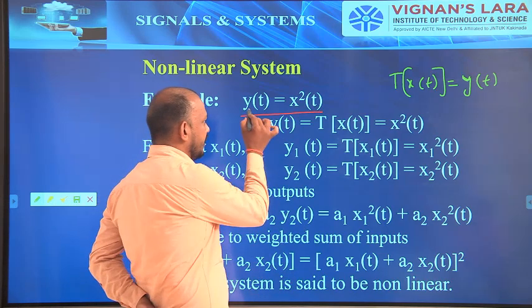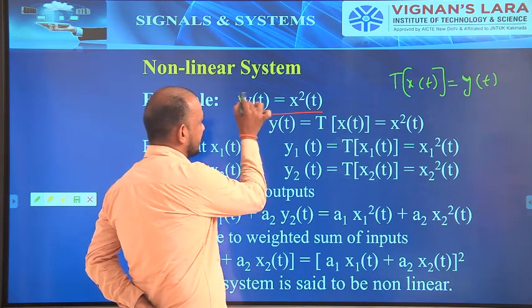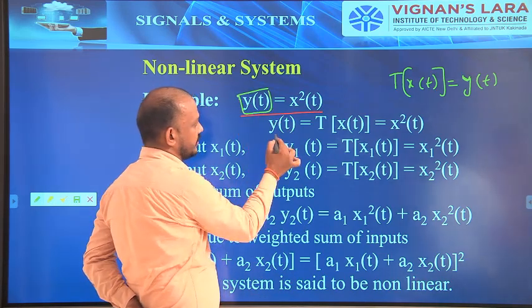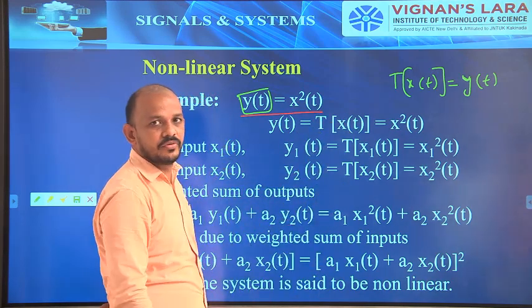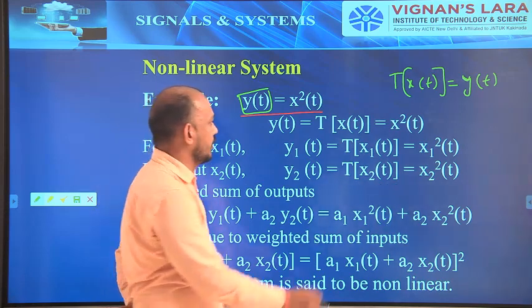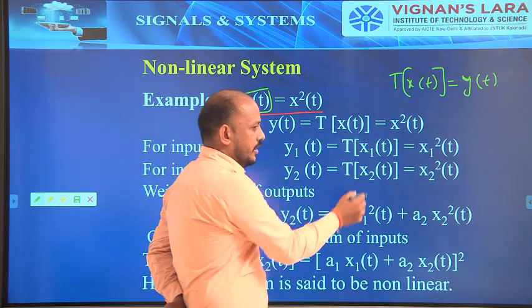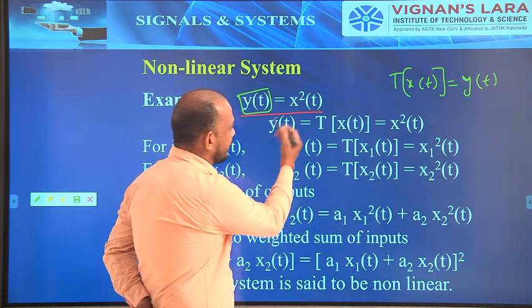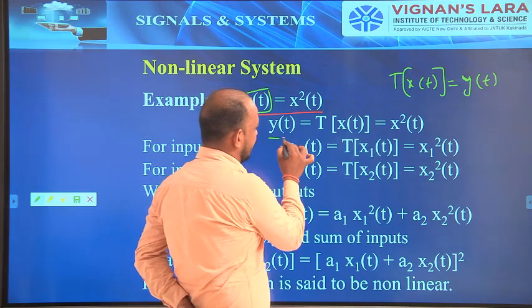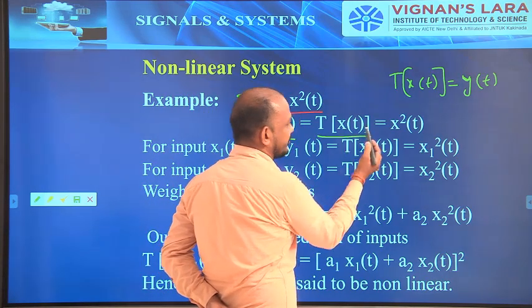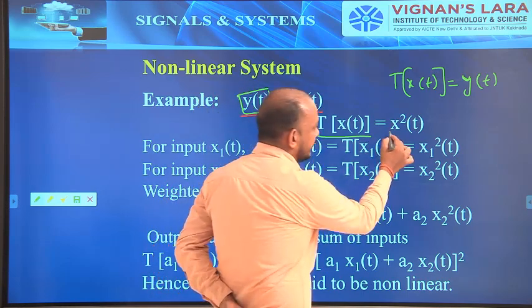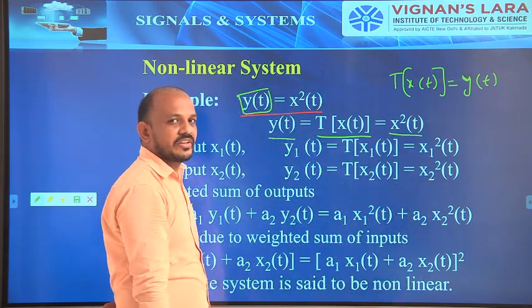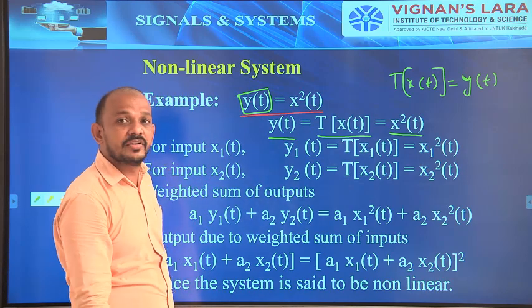In the same way, I am representing y of t equal to the transformed version of x of t. According to the given problem, that value will be equal to x square of t.